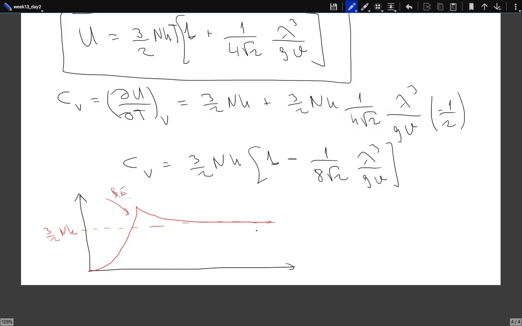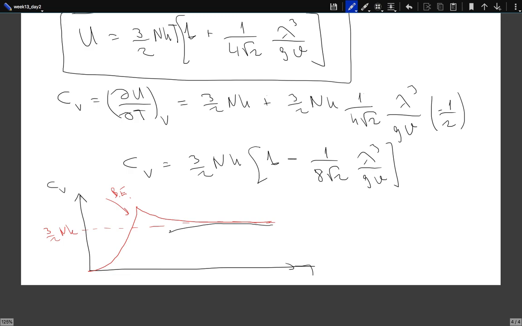Now for fermions, you see the specific heat as a function of temperature, there is a minus sign. So in the classical limit, at the very large temperature limit, the specific heat again approaches the classical result, 3 over 2 nk. But for not so large T, it is below the classical result. So this will just go below.